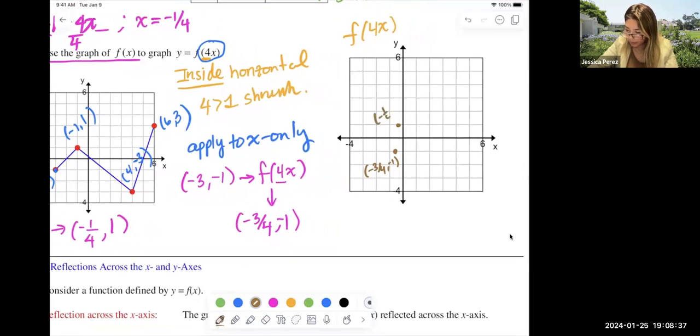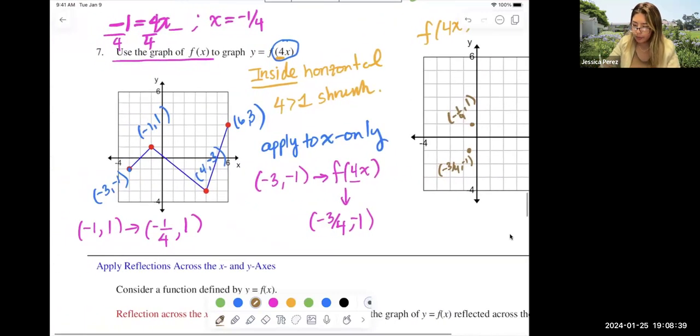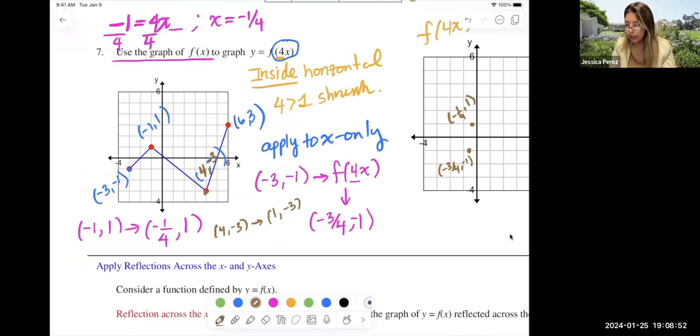Negative 1/4, 1. And then, of course, here 4, negative 3 is now going to be 1 and negative 3, again, because it's as if we were dividing it by 4. So 1, 2, 3 right here.